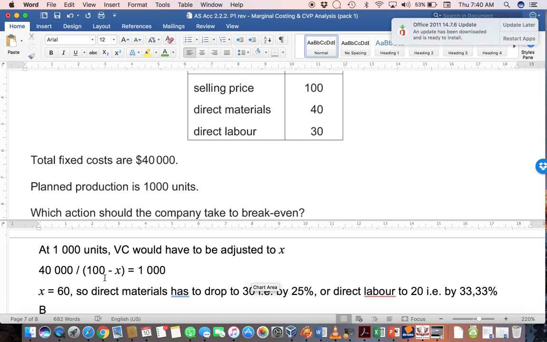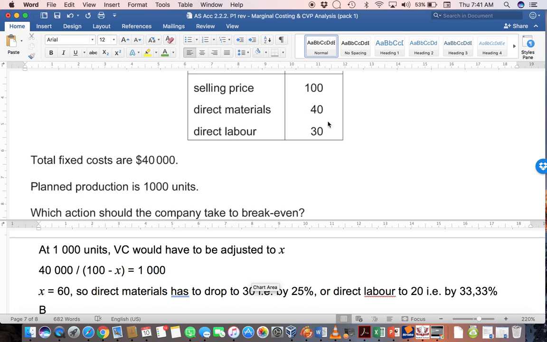If you want to break even, you would need to adjust your variable costs. You can work it out by saying 40,000 is your fixed costs divided by your contribution margin, which is your selling price minus your variable costs, and which would then give you the 1,000 units that you're hoping to make, which means that you want your variable costs to be 60.